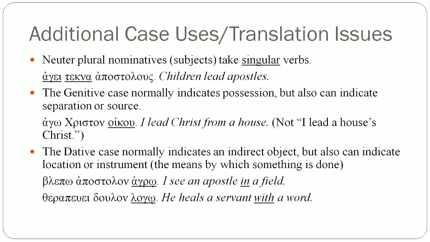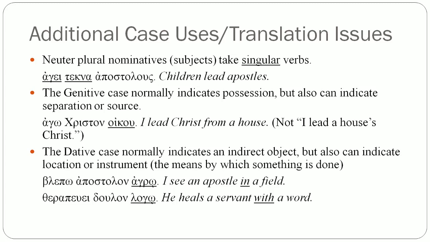So if you run up against a situation like that, and it sounds like a really awkward translation, then try this. The locative dative is translated "in," or "among," or "at." You can try all of those. Here the word "in" seems to be the best. You could say "at," but we don't say "at a field," more "in a field." I see an apostle in a field.